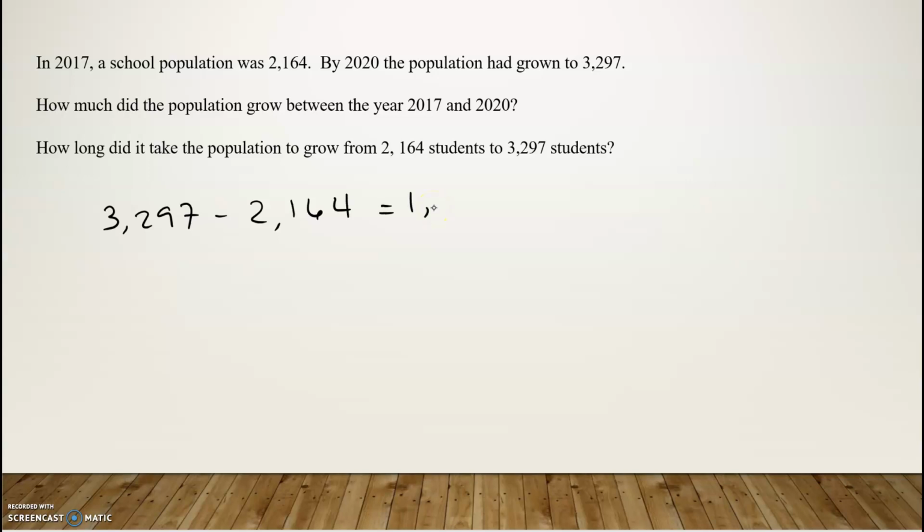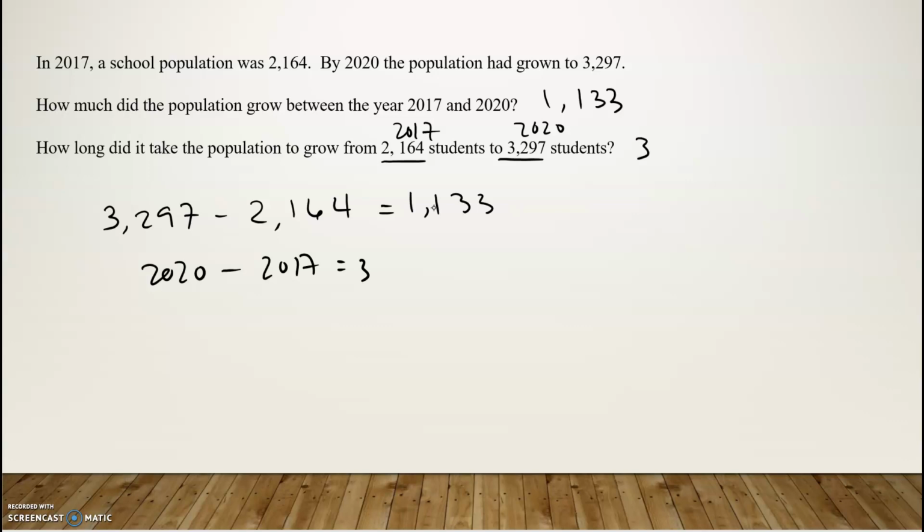So that would give us 1,133. So I'll put that right here. How long did it take the population to grow from 2,164 students to 3,297? Well, this was in the year 2017. This was in the year 2020. So 2020 minus 2017, so that would be 3 years.